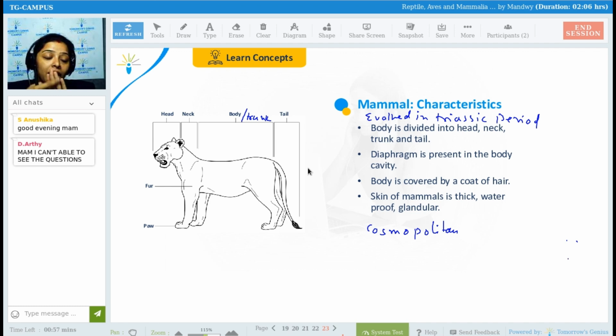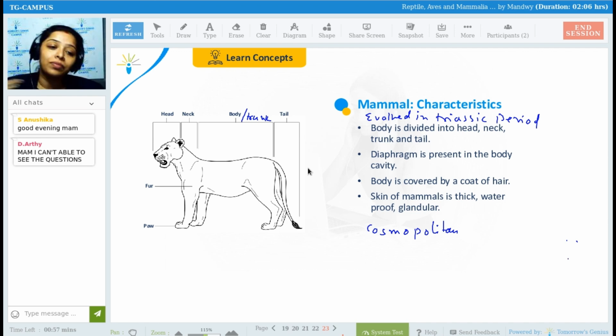These functions do not belong to a single member of the mammals. For example, in humans, the main function of the diaphragm is respiration, right? The diaphragm also helps in micturition and parturition.